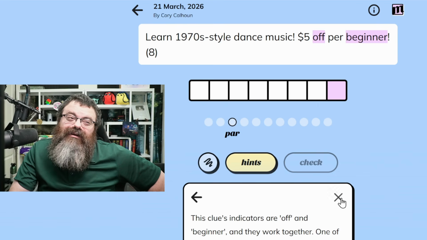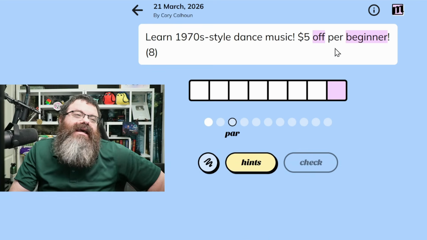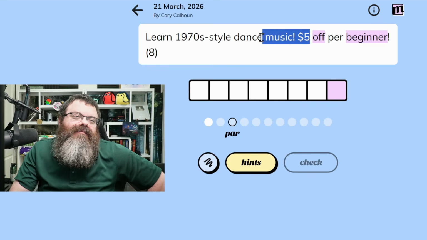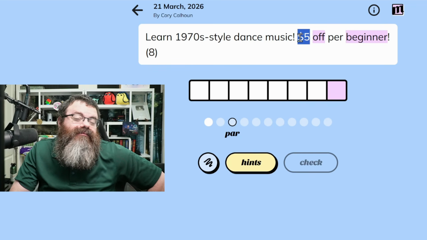So what we're saying is remove the P from something. What has a P in? There's no P's.